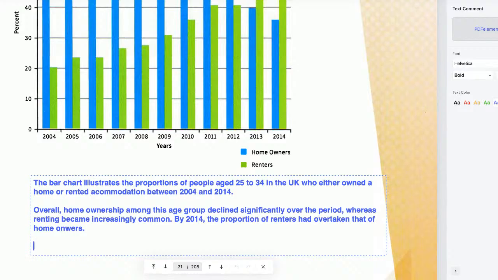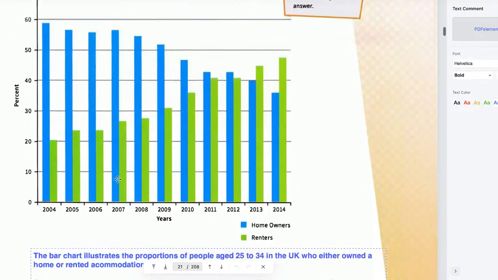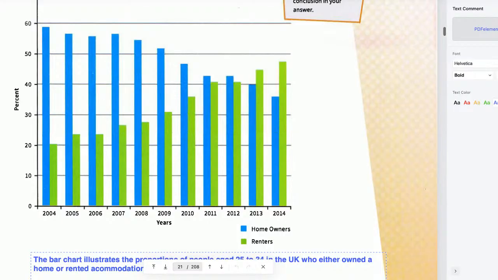Then we can write in 2004. Of course, after that, you need a comma. In 2004, you see the blue bar chart there is almost 60%, right?